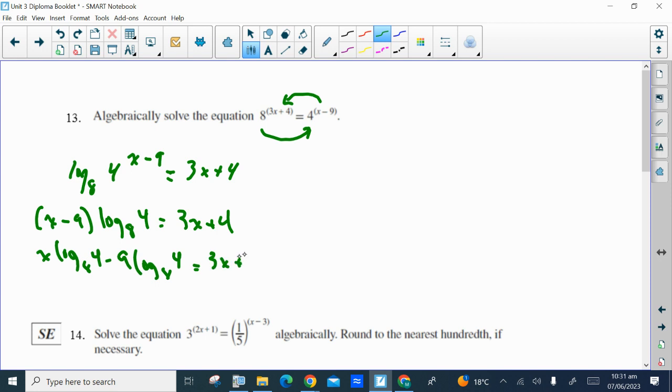Because remember, you need to solve for x, so you need to get x by itself. We will collect the terms with the x's together on the left. So I've got the x log 8, log base 8 of 4, I should say. I'll subtract the 3x from both sides. I'll keep the 4 on the right, and I'll add the 9 log base 8 of 4 to both sides.